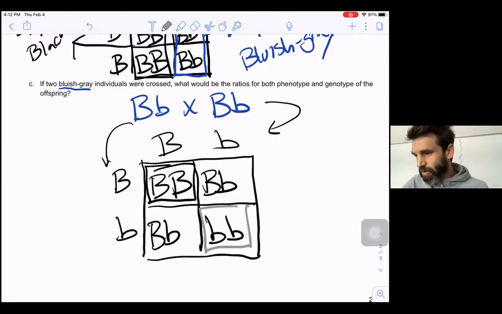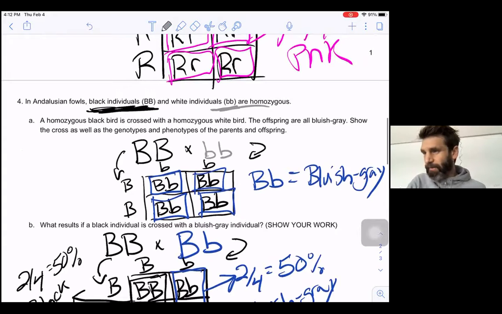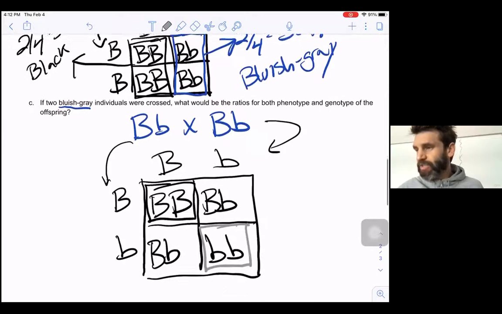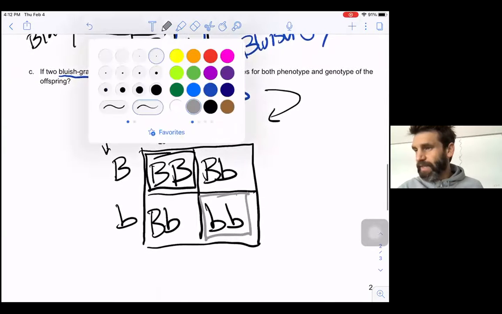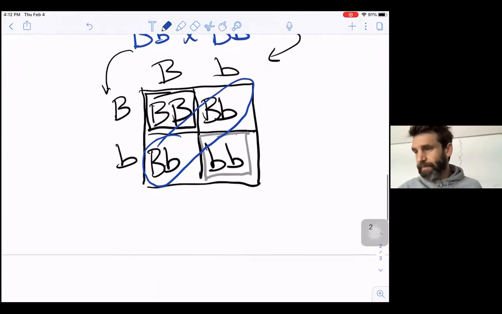This individual is white. And again, that's based on what we learned up here. And these two here, these two heterozygotes are going to be bluish gray.